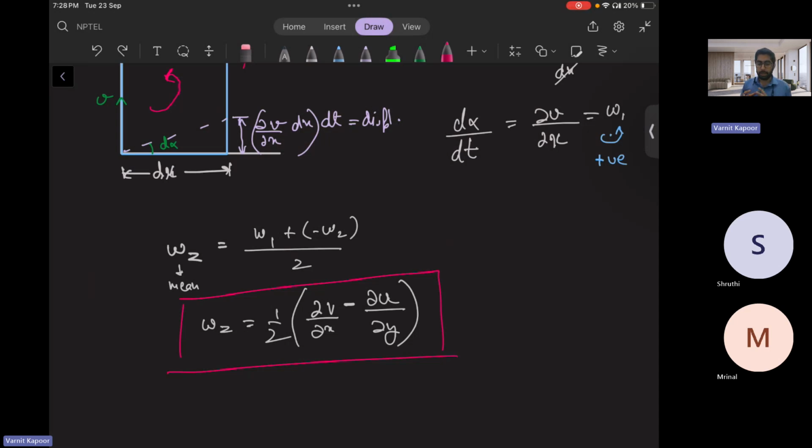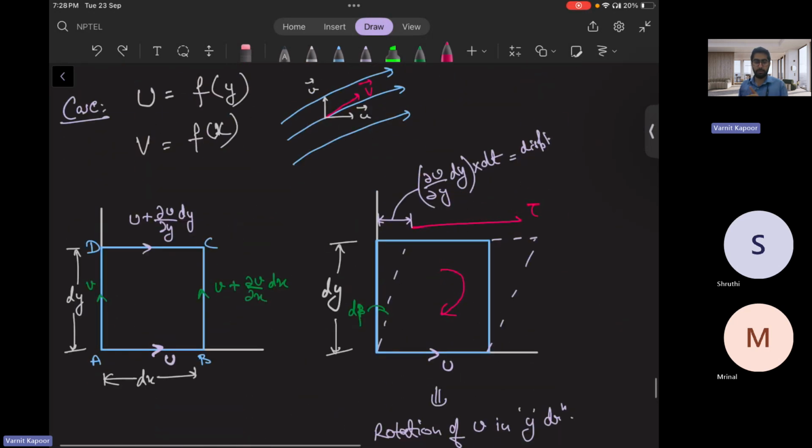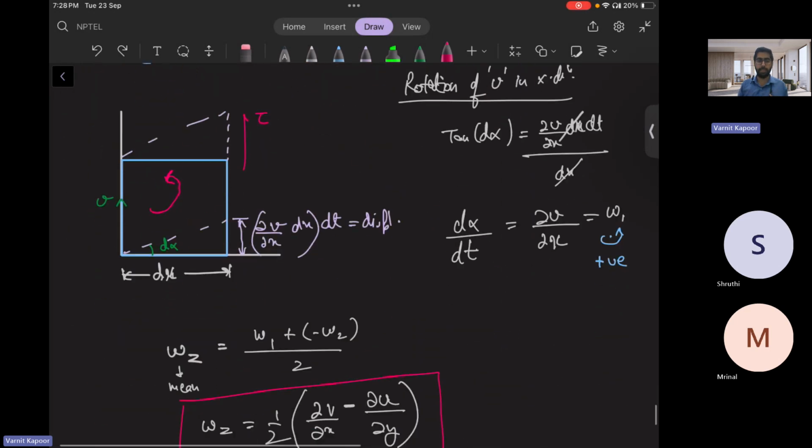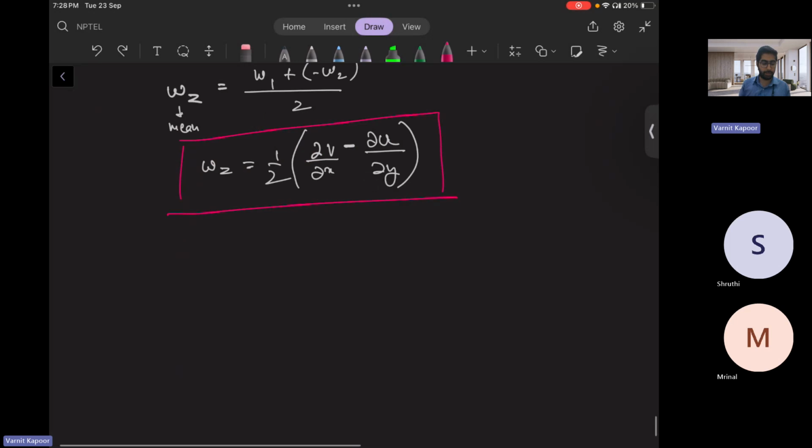So how will my fluid element look together? This we studied separately, one by one, in both x and y direction. So how will my fluid element look? My final fluid element will look something like this. It's a 2D fluid element.